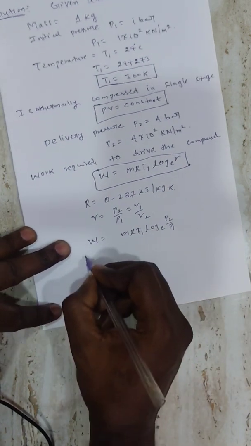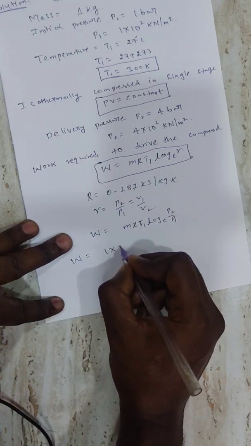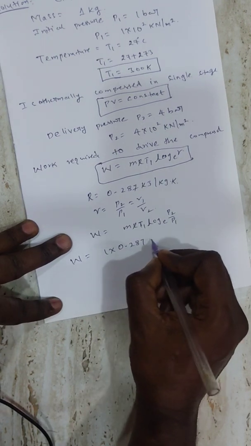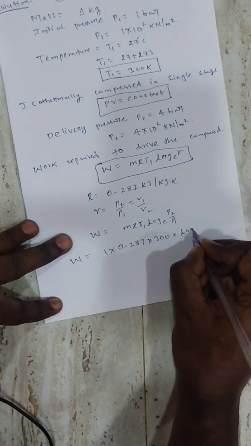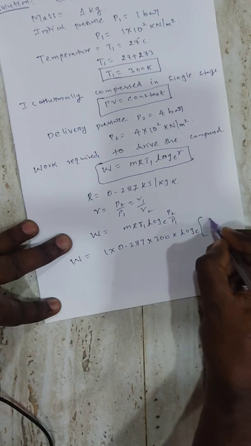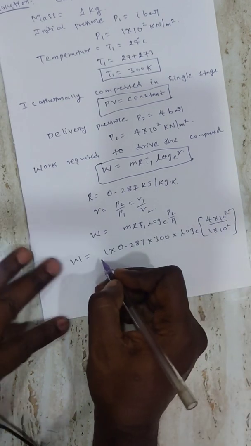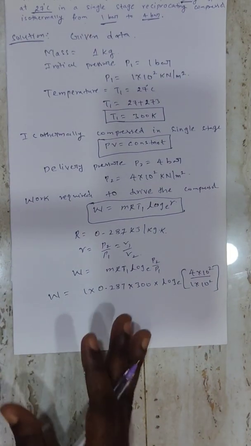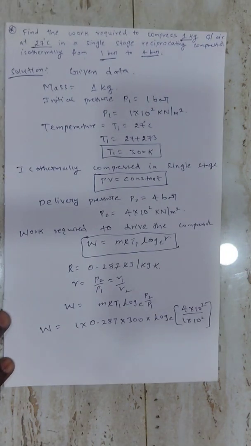Substitute the given values in this formula. W is equal to 1 into 0.287, the universal gas constant, into 300, the temperature, into log base e of 4 into 10 square, the pressure, over 1 into 10 square, P1.